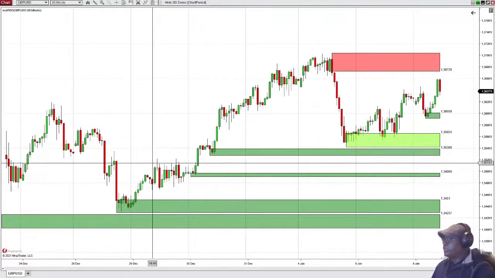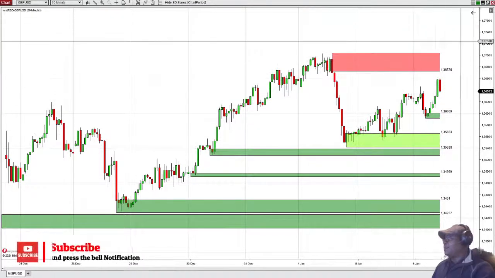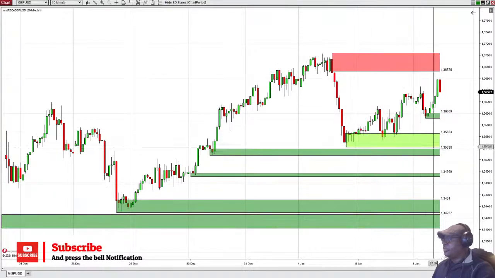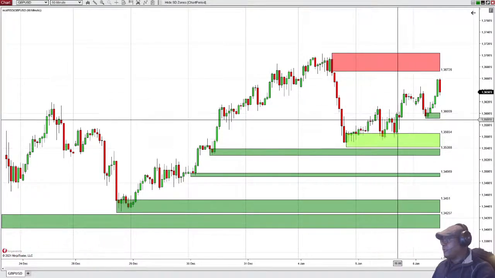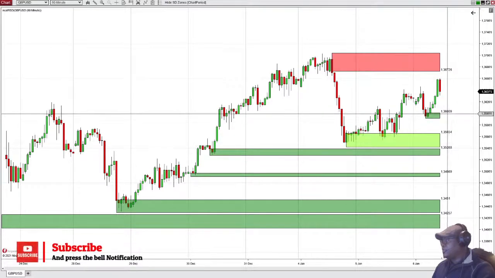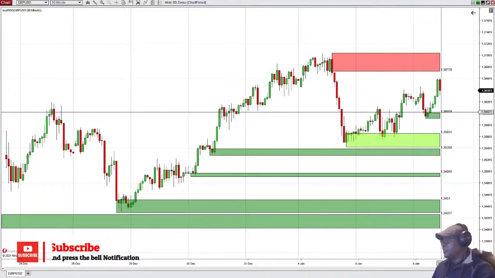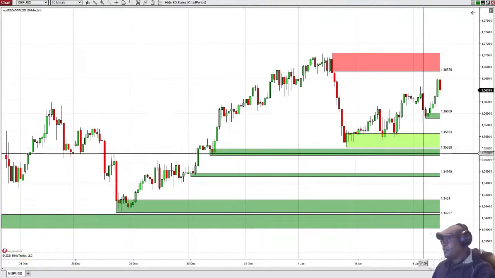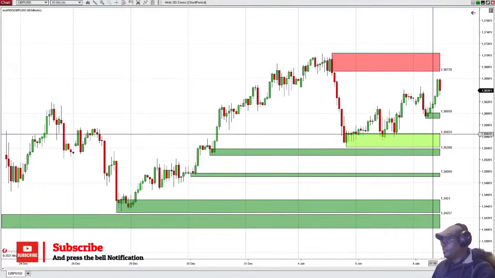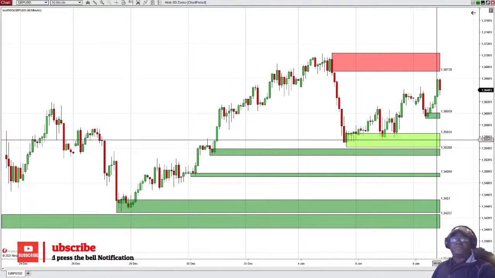So I already know it's an uptrend trade, and if I have to take it down like a counter trend, I have to reach 36.72. And if I want to buy, then I have to let it come more down. Probably it has to retest this 36,000, then I can see if I can get anything from it to take it back up, or it has to come down a little bit lower to 35.65. That's what I can say.